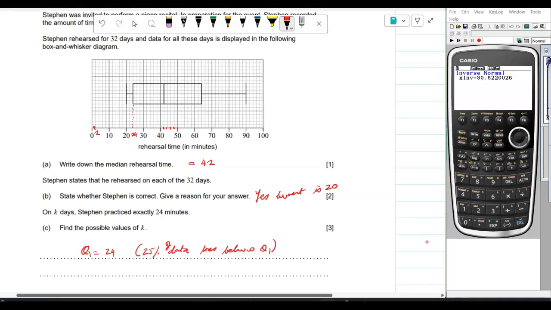So what is 25% of 32? 8 days. So on 8 days he rehearsed between 20 and 24 minutes. So 8 days basically.